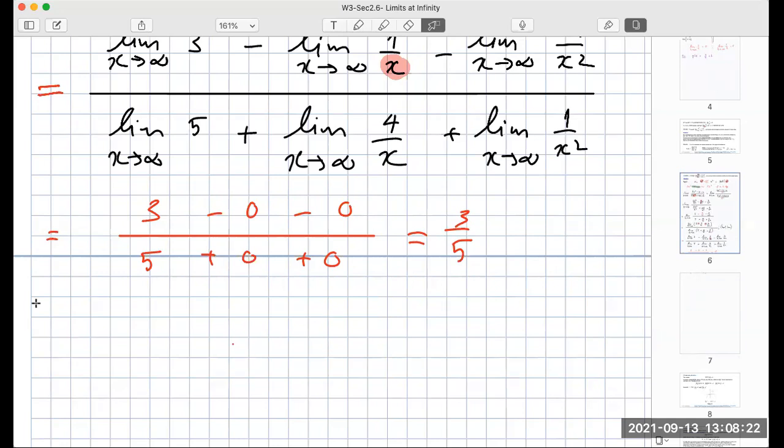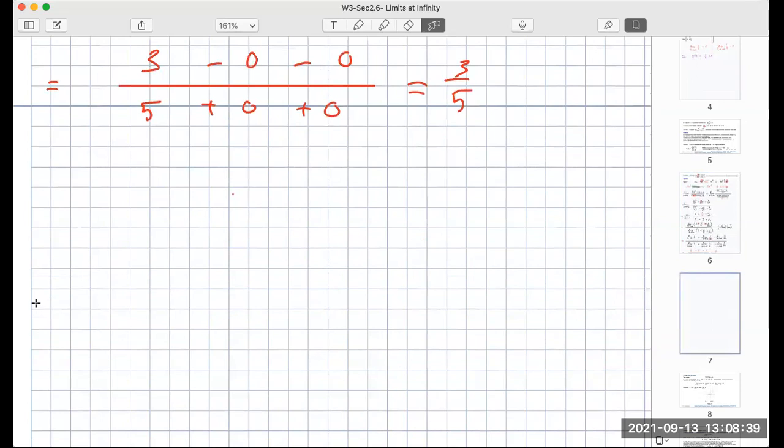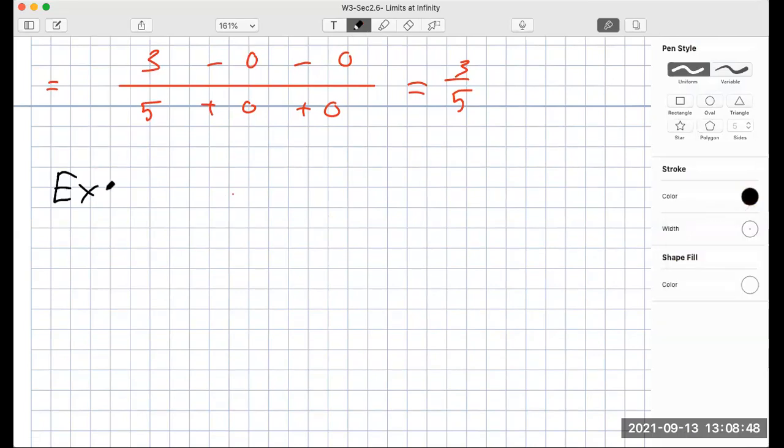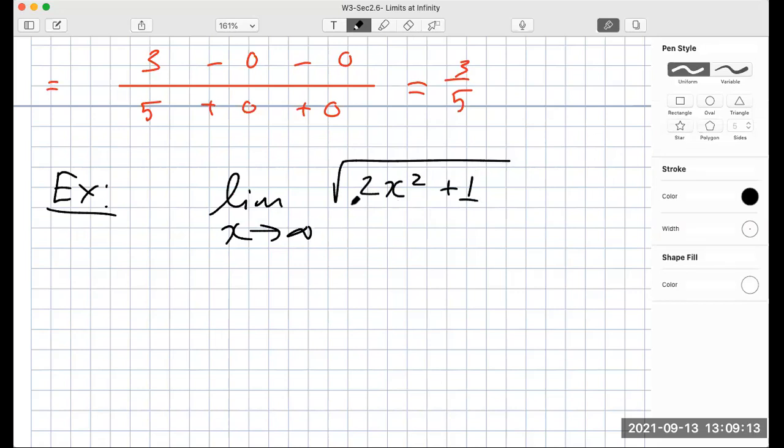Okay, let us play with another example. Okay, limit of the function f of x as x approaches infinity, and f of x is the square root of 2x squared plus 1 over 3x minus 5.